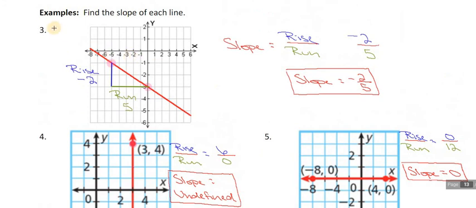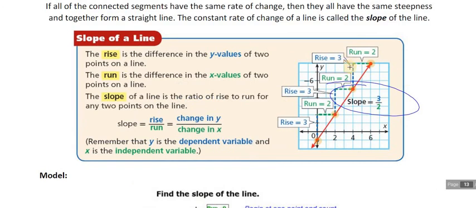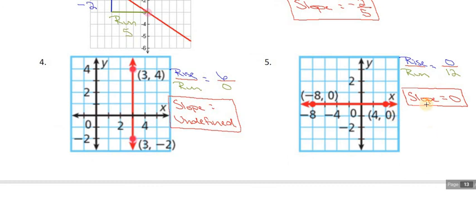Okay, so in number 3, we had a negative slope. Just like negative correlation, the line went down from left to right. Up here, in this image here, this slope was positive. It was a +3/2. Well, going left to right, the line went up. So we have a negative slope, we have a positive slope, we have a slope of 0, horizontal line, and undefined slope for a vertical line.